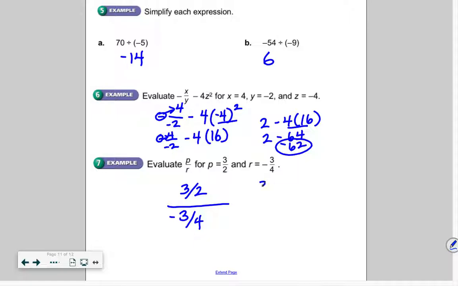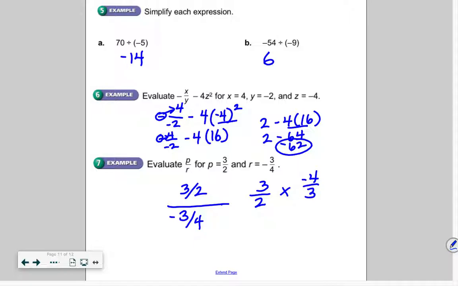So I'm going to keep 3/2 the way it is. This division sign, or my fraction sign, is going to become a multiplication sign. And then I'm going to flip a negative 3/4 to become a negative 4/3. The fraction still remains negative, but I'm going to flip that fraction over.